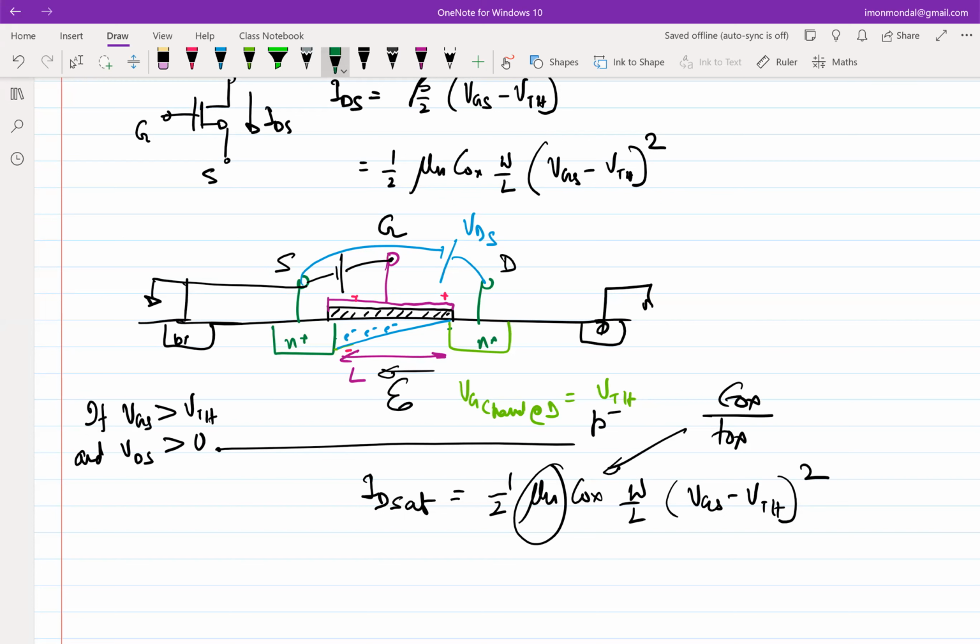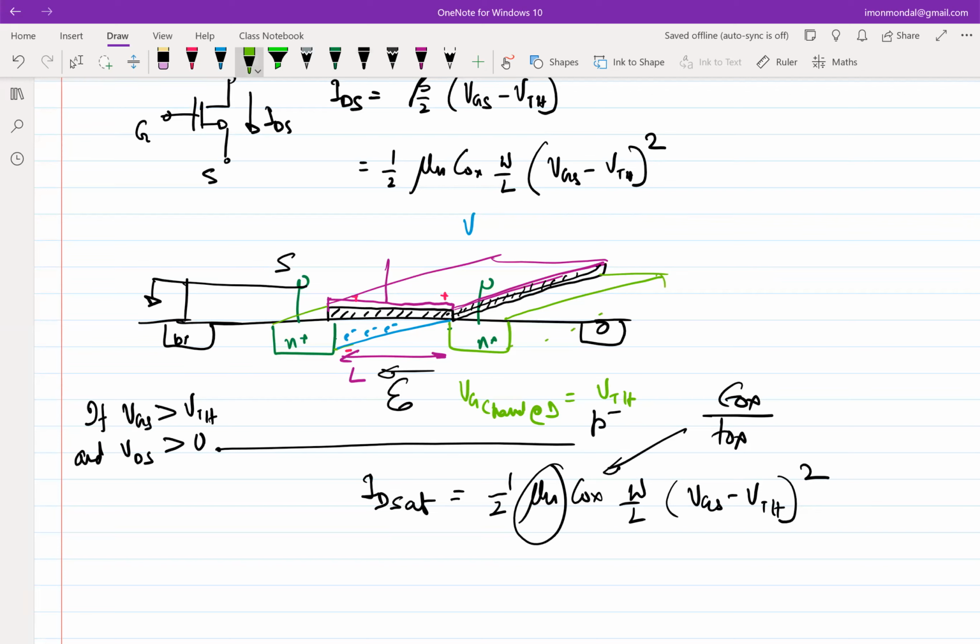So if I attempt to sketch a 3D version of this, let me remove these biasing elements here. So this is drain.